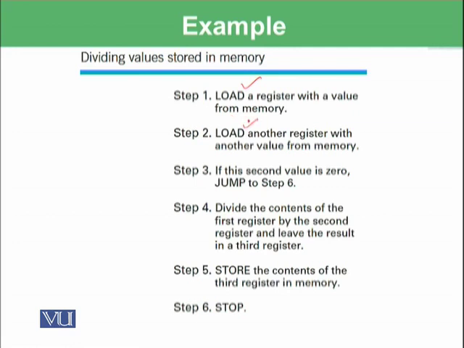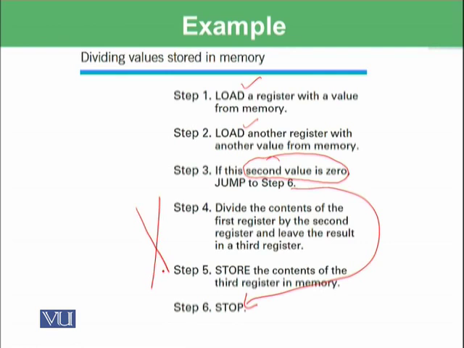Now, if we want to divide one number by the second number, we need to check that second number. If the second number is 0, then we should go to step number 6, which is stop. This means if the second value is 0, we do not need to perform step number 4 and step number 5. Such an instruction is known as a control instruction, or more specifically a jump instruction.